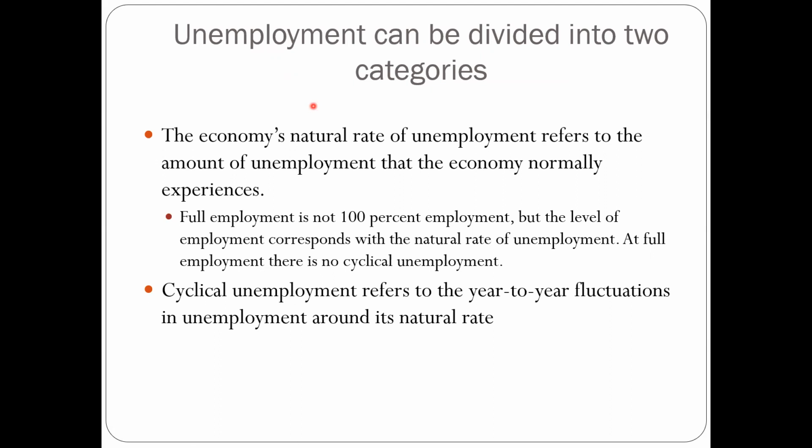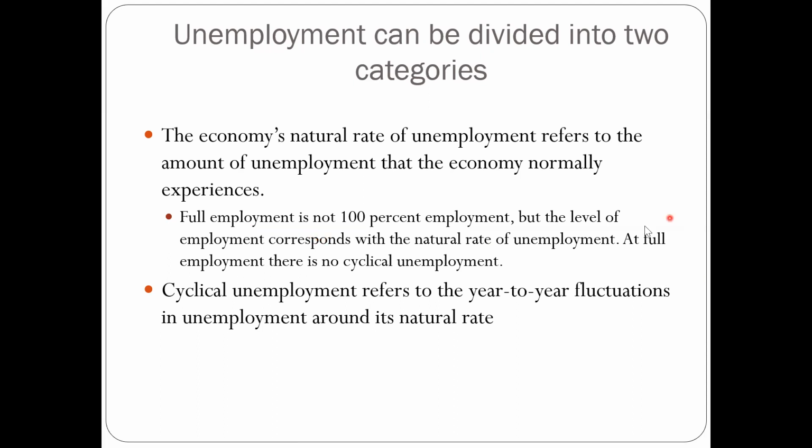The economy's natural rate of unemployment refers to the amount of unemployment that the economy normally experiences. This means that full employment is not meant to be 100% employment, but it's the level of employment that corresponds with the natural rate of unemployment.